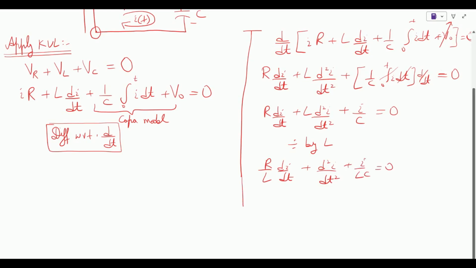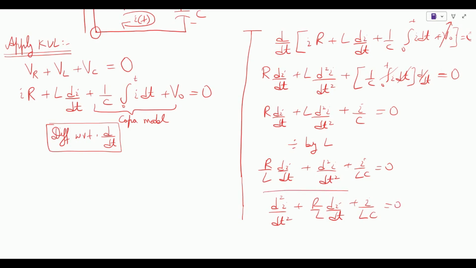Now we can see that this is a second order equation. If I write it in the standard form, d square I by dt square plus R by L di by dt plus I divided by LC equals 0. This equation, with the exponent being 2, is basically a second order differential equation.